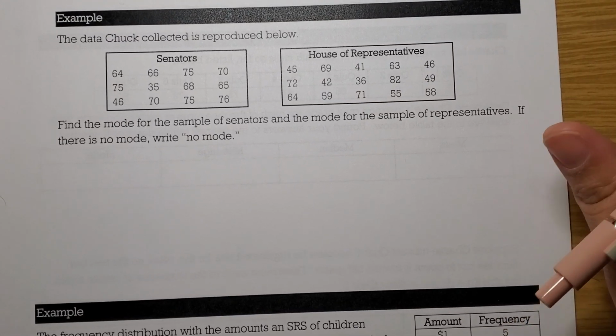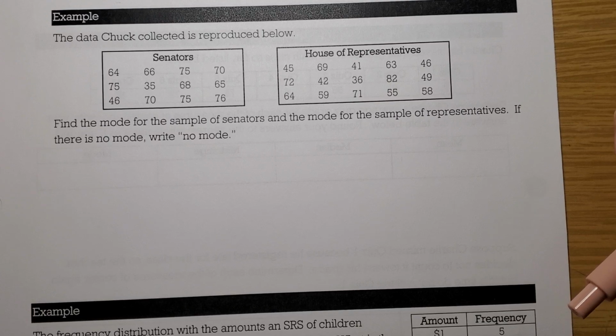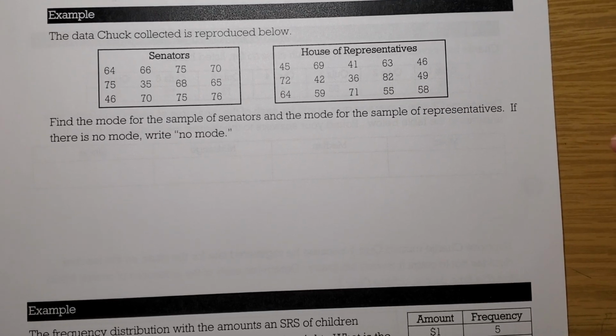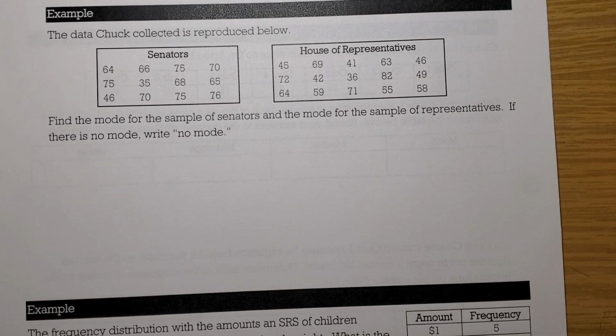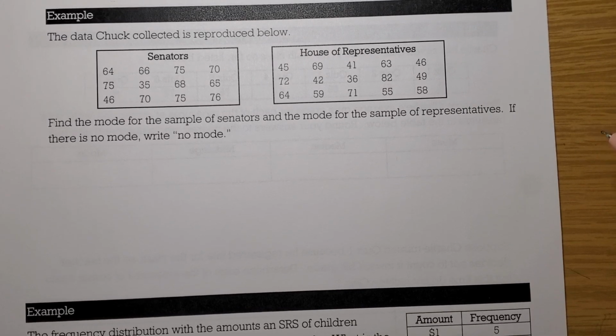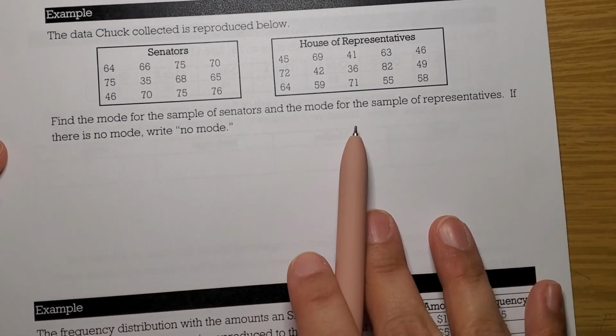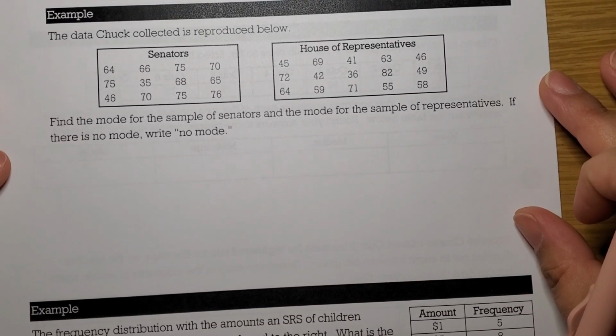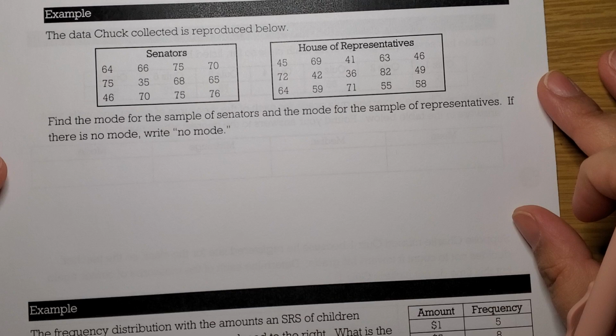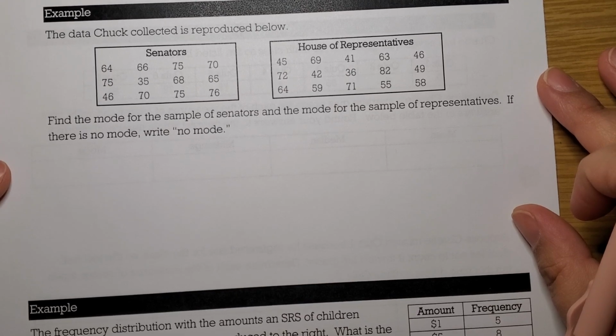So the example we've been looking at has been data from senators and members of the House of Representatives that Chuck has collected. And we want to find the mode for each of these two samples. So I'm going to scan the senator data and see if I see any number that repeats more than once.